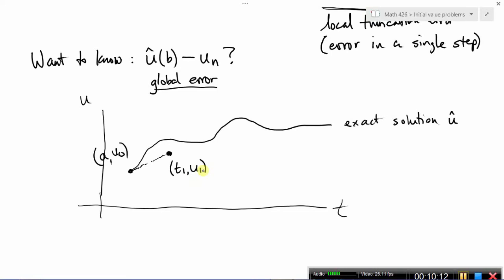Now, once we've reached that point, we've jumped to a different solution curve, right? So we've kind of already lost our ability to track the original. But we go on, so we take another step. And this time maybe we got a little lucky and ended up getting closer.